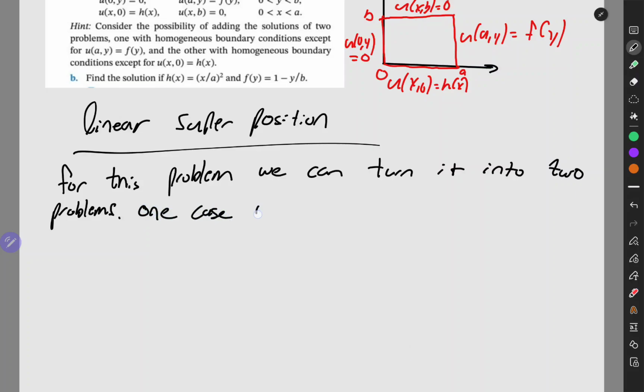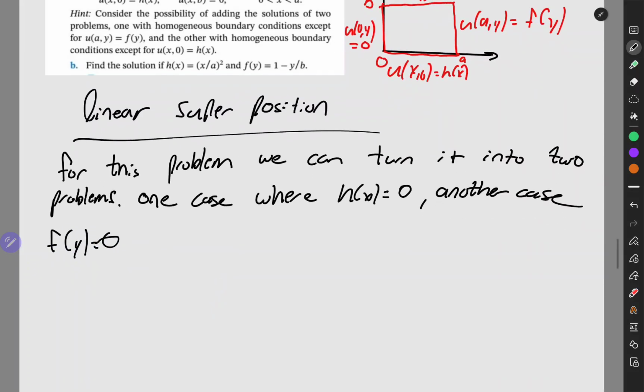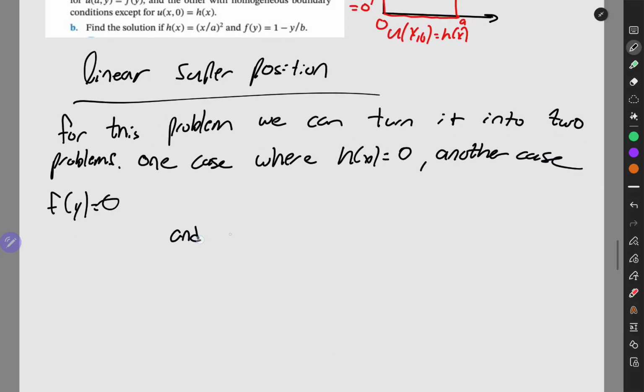One case where h of x is 0, and another case when f of y is 0. And then you add solutions.